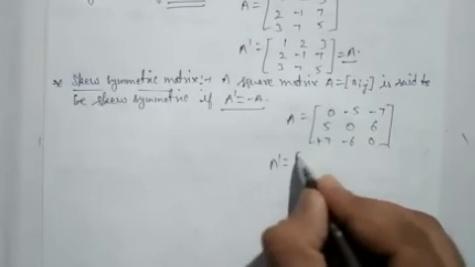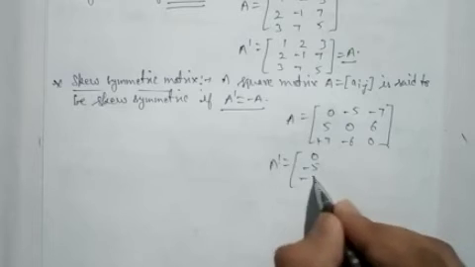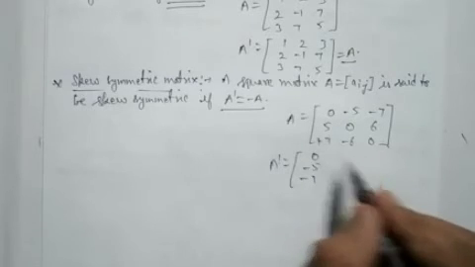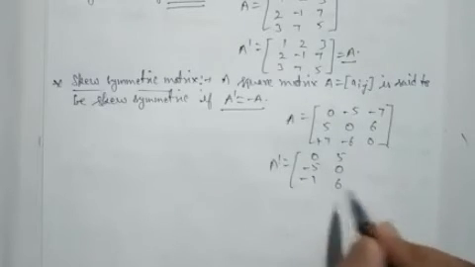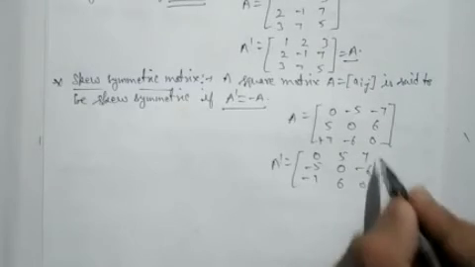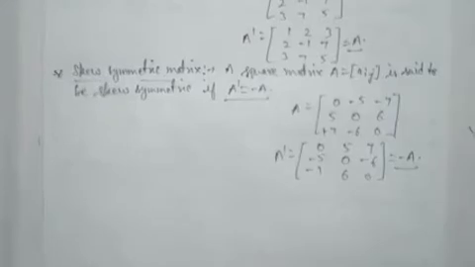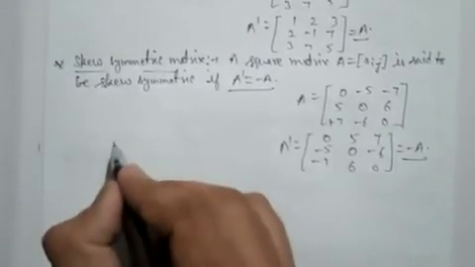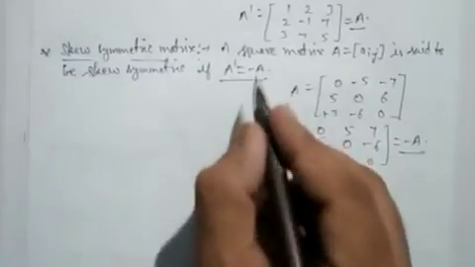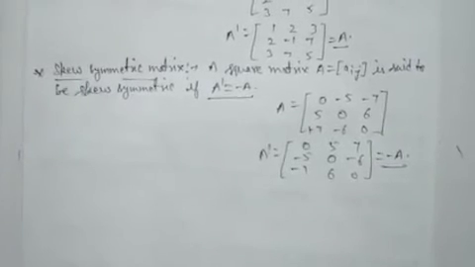A transpose is 0 minus 7 minus 5 minus 7, this is 5 0 6, 7 minus 6 0. If we take minus common, then it is equal to minus A.